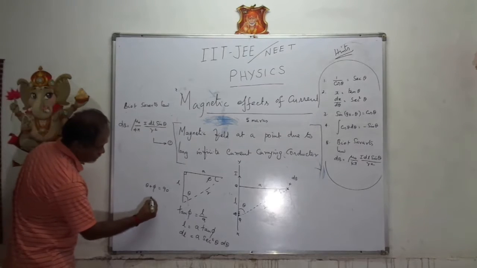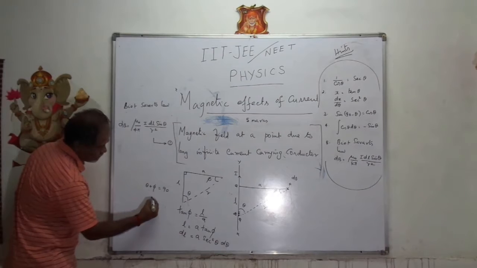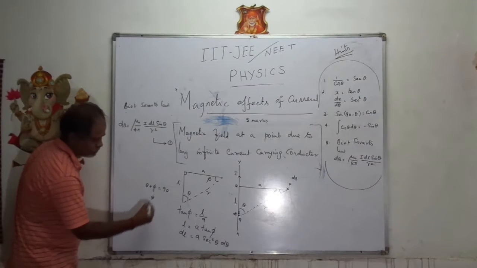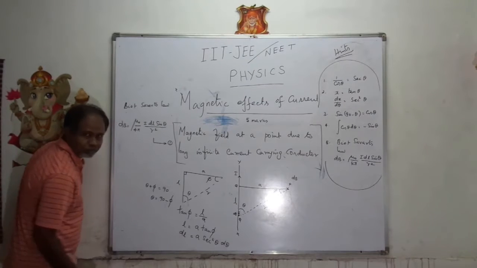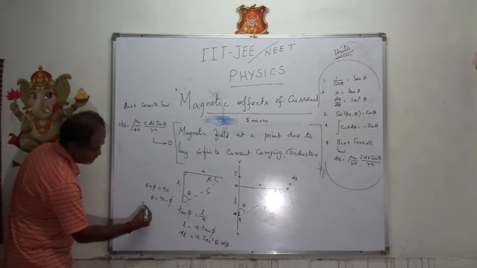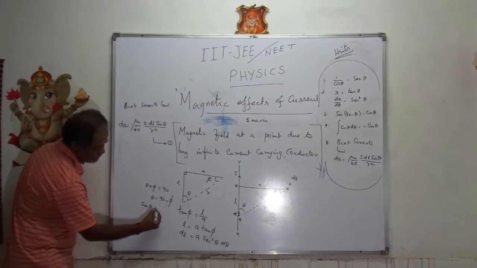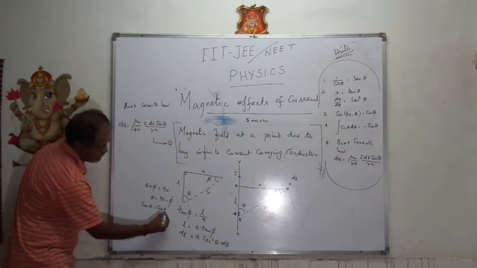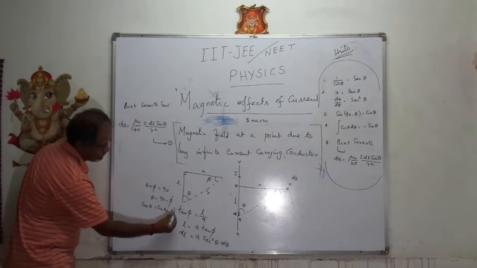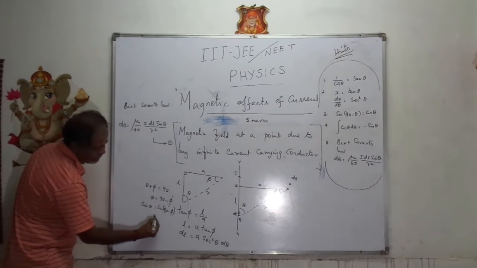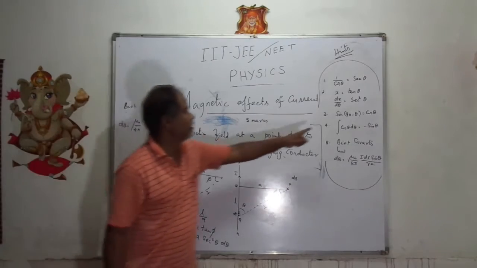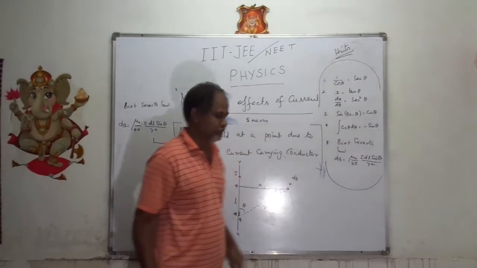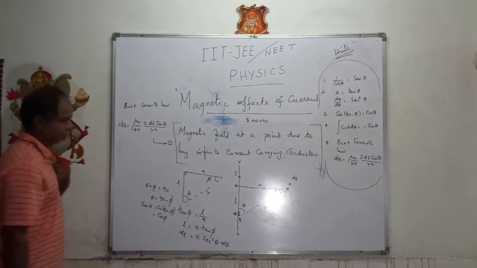Then theta is equal to 90 minus phi. Take sin on both sides: sin theta is sin(90 minus phi), which is cos phi. So sin theta is cos phi.